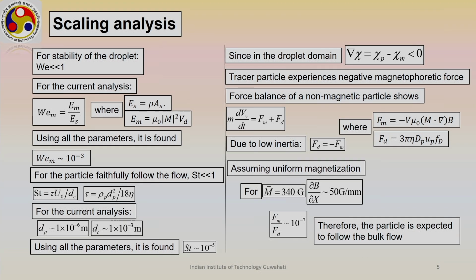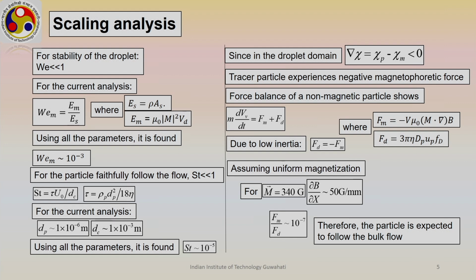The particles which are a distance away, that means the particles from the other periphery, will also move towards the periphery which is close to the magnetic core. If the particles have sufficient inertia, then they won't be able to flow with the liquid. So we need to ensure that particles are also expected to follow the bulk flow.